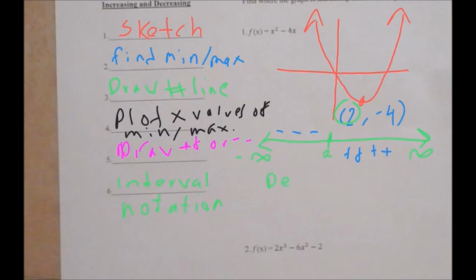So you write decreasing from -infinity to 2. And it was increasing from 2 to infinity.